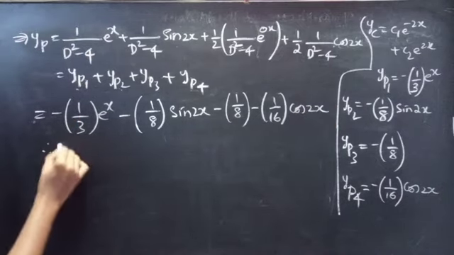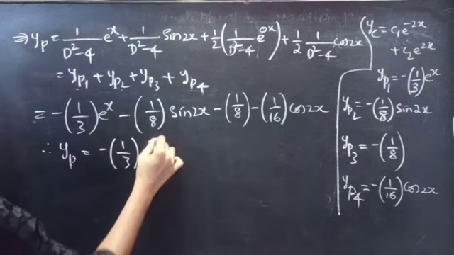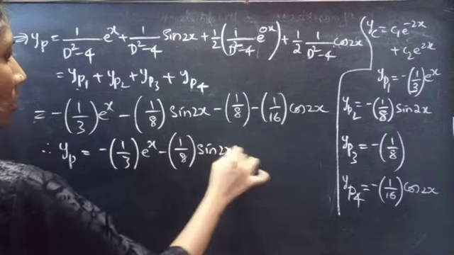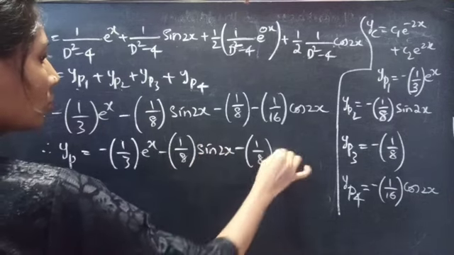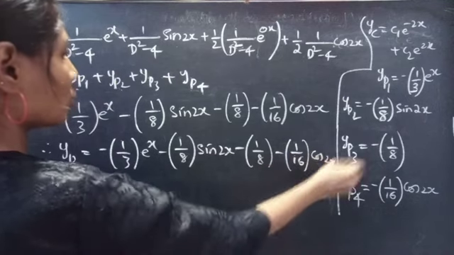Therefore, yp equals minus of 1 by 3 into e power x, minus of 1 by 8 into sine 2x, minus of 1 by 8, minus of 1 by 16 into cos 2x.